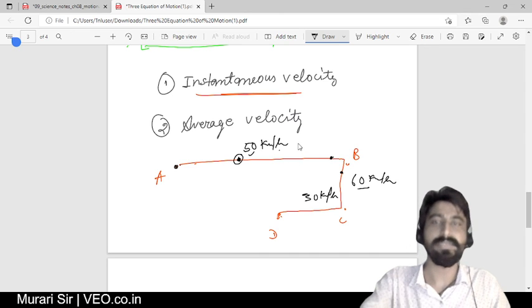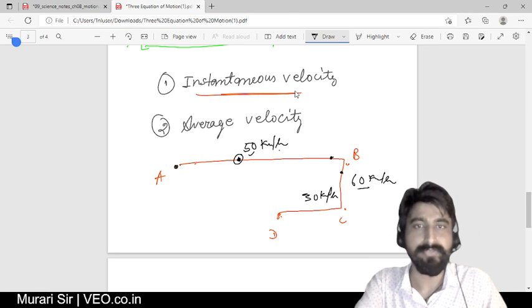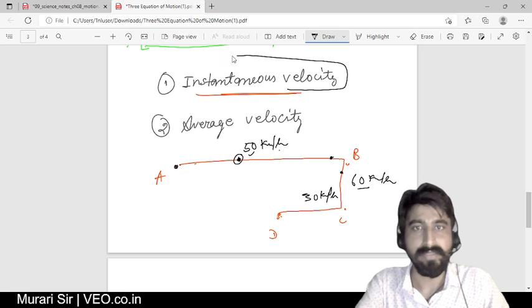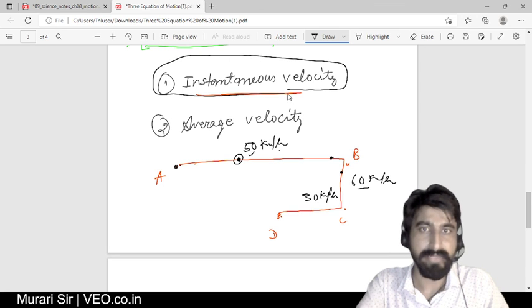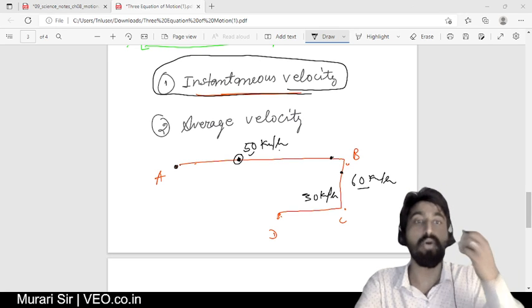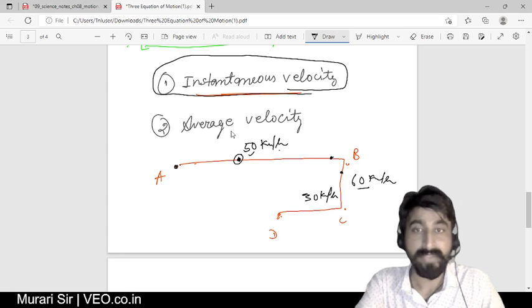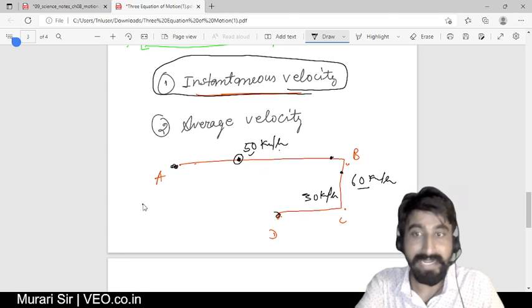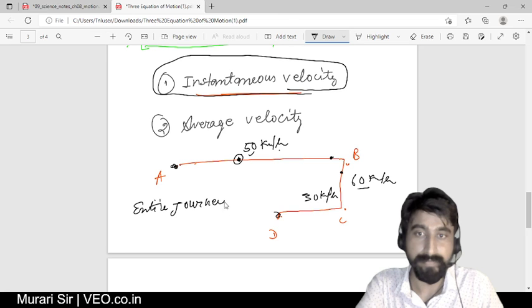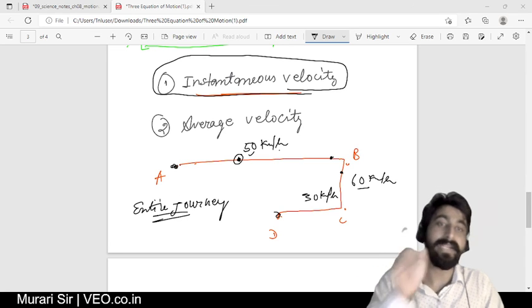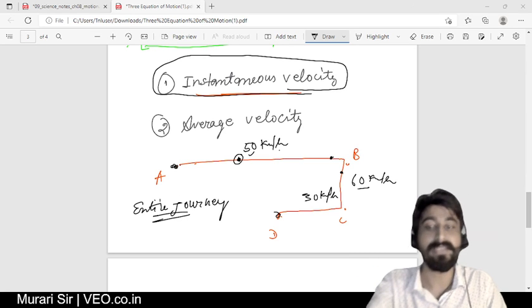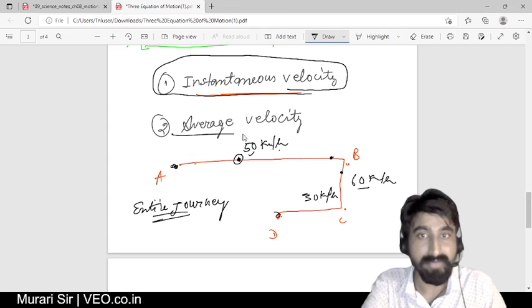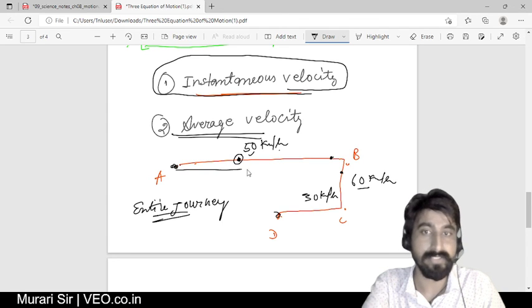That means at a particular point of time, if you are considering the velocity, then it will be instantaneous, at the moment, how much its velocity is. But if we're talking about from A to D, over the entire journey, how much its velocity will be, then we will consider the average of these.